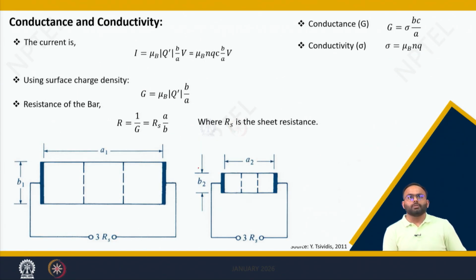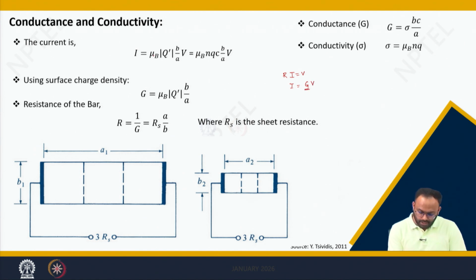Now let's talk about conductivity and conductance. In general, we know Ohm's law is written as V is equal to IR, or I is equal to G into V, where G is nothing but conductance.